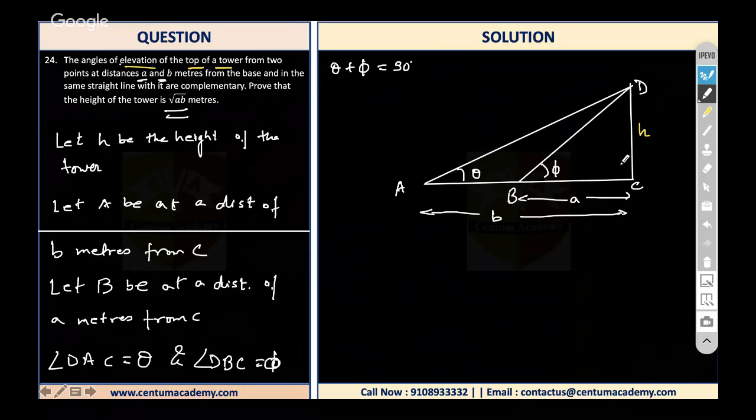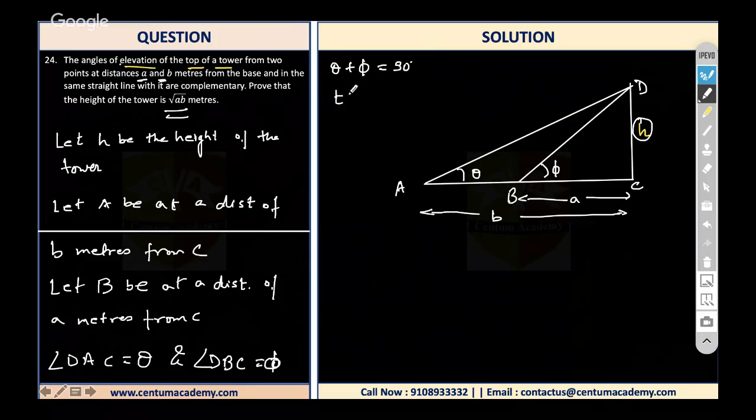So clearly, you have to basically eliminate theta and phi. Let's start with tan theta. Why tan and not sine? Because I don't want to engage with AD, which is unknown. I will engage with whatever I know. I have to find h, and I know the bases. So tan and cot will be ideal trigonometric ratios to deal with here.